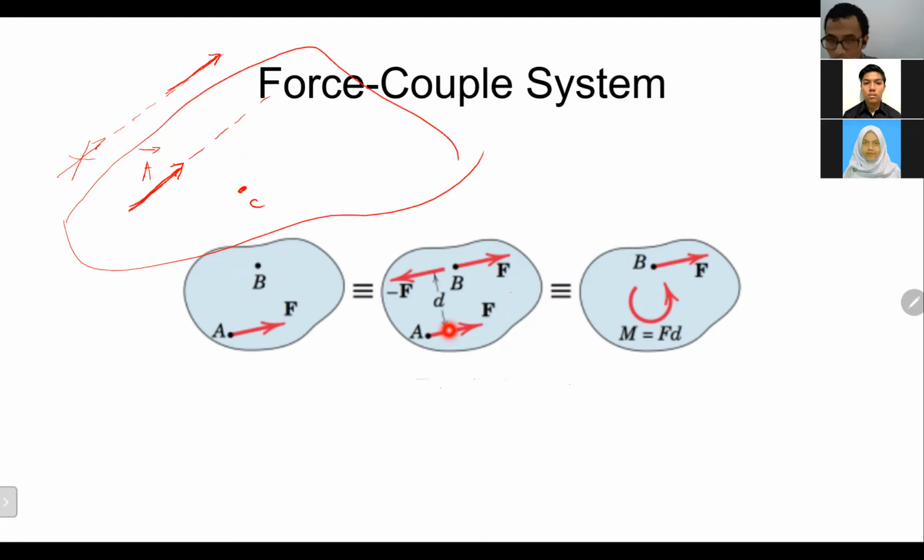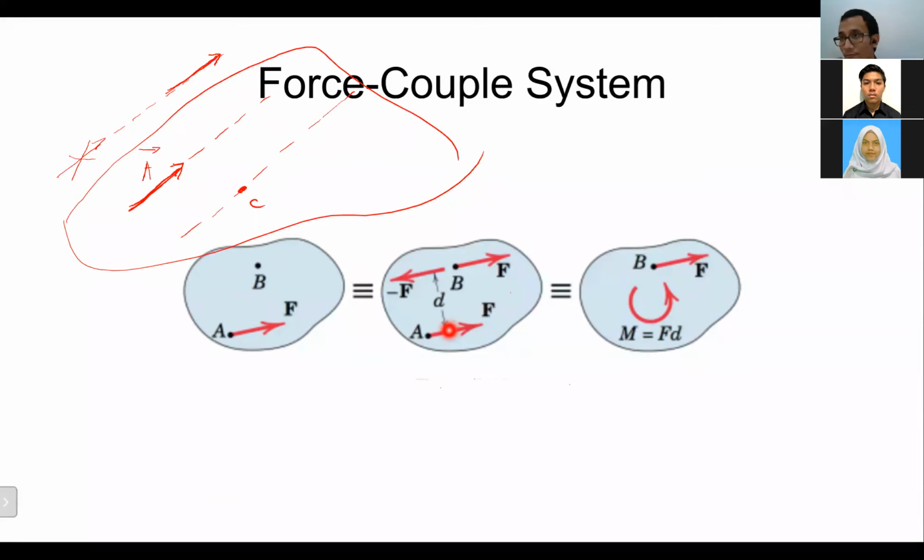Based on our previous discussion, we cannot do that freely, because we can only move a force without consequence in the same line of action. If I move force A to point C, the line of action will be like this one, which is different from the previous line of action.